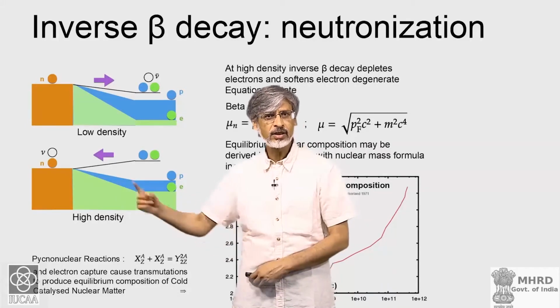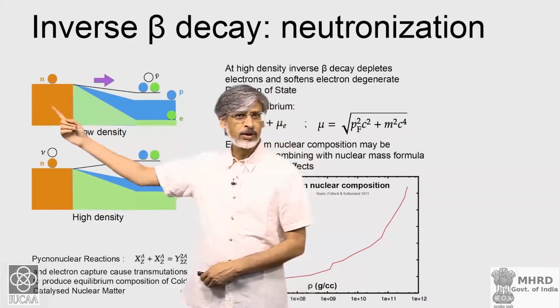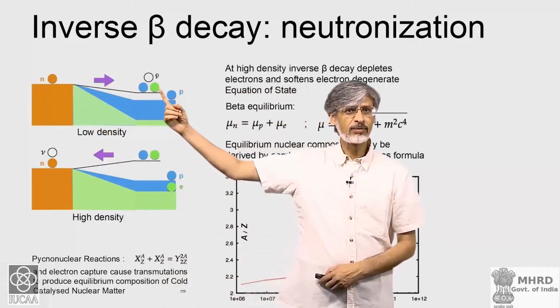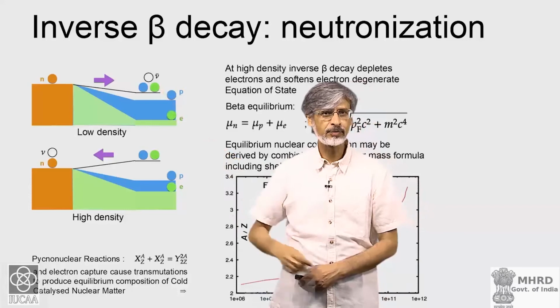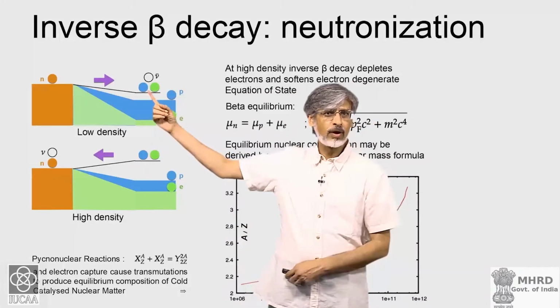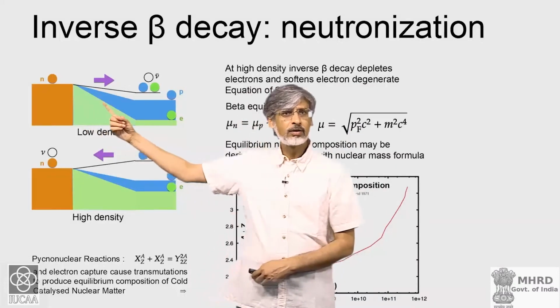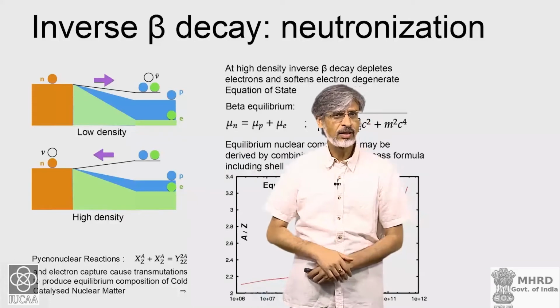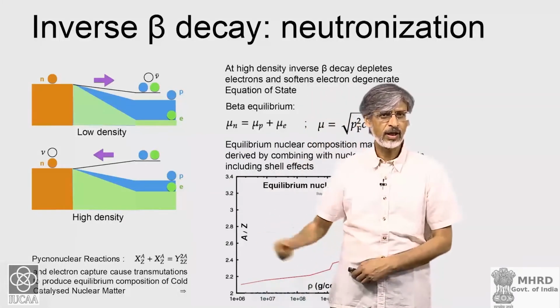That is because the rest mass of the neutron is larger than the sum of the rest masses of the proton, the electron and the neutrino. So, going from neutron to proton plus electron plus neutrino is in fact a lower energy state, and it prefers to do that.